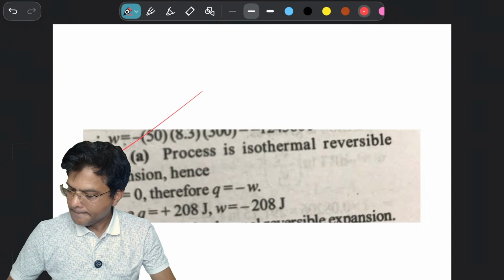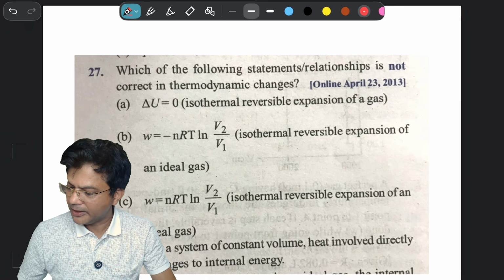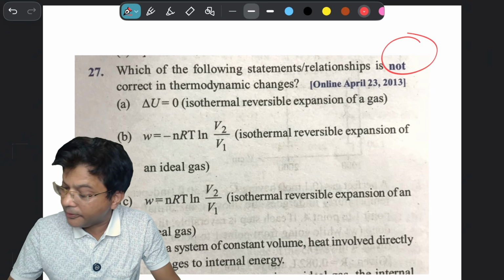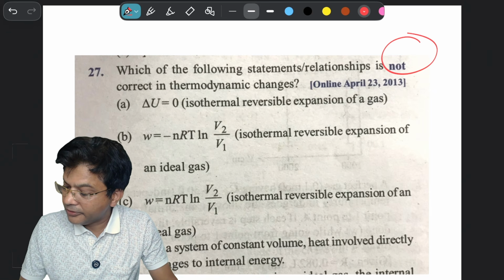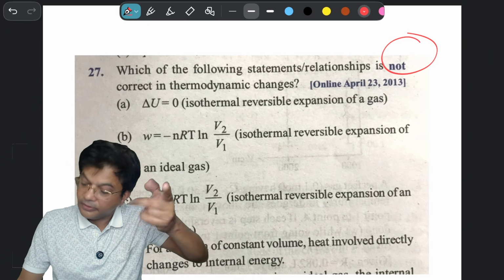Now, this is looking very simple. Let's check it out. Which of the following statements is not correct? That is the problem, not correct. Change in enthalpy is 0 for isothermal reversible expansion, so this is true. And W is minus nRT for isothermal reversible expansion, correct.